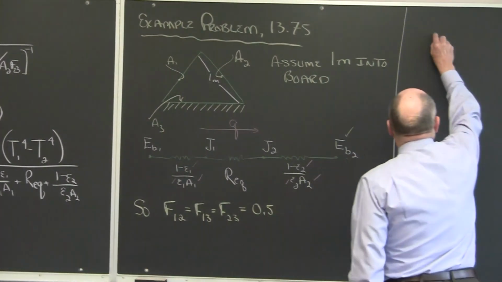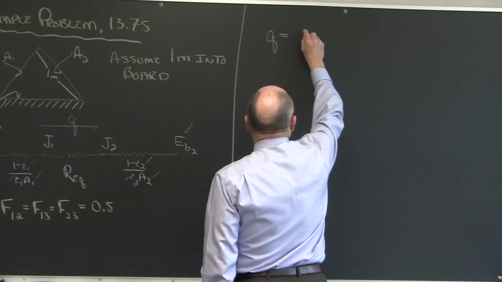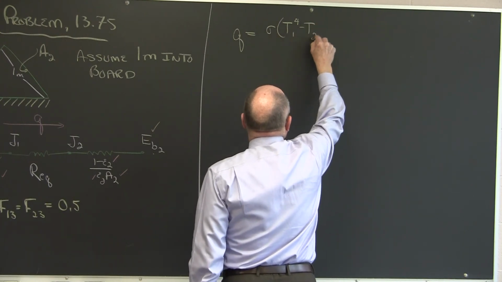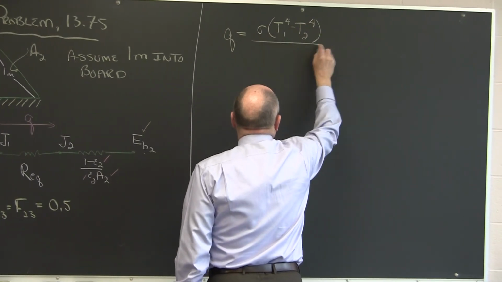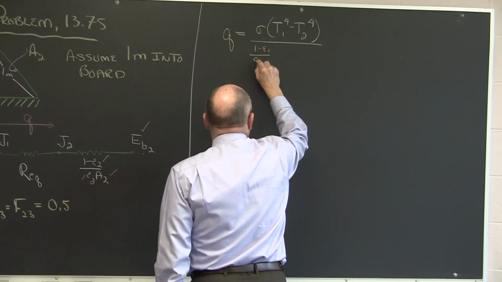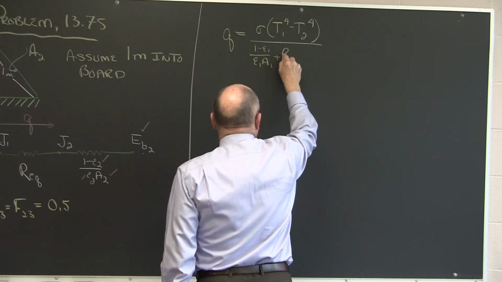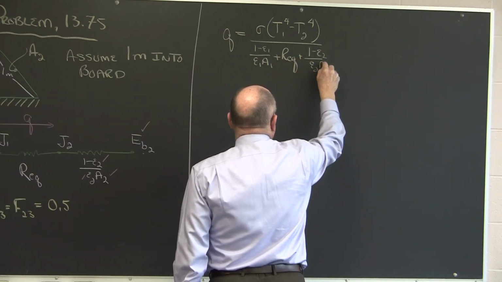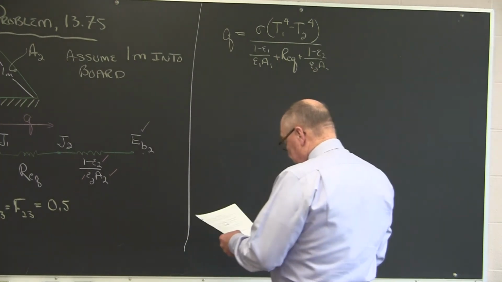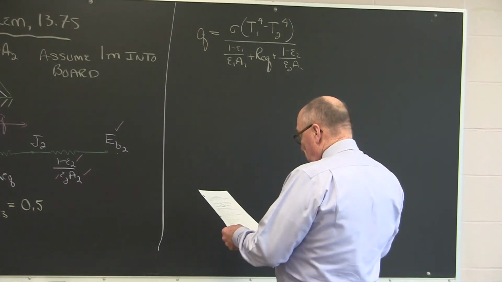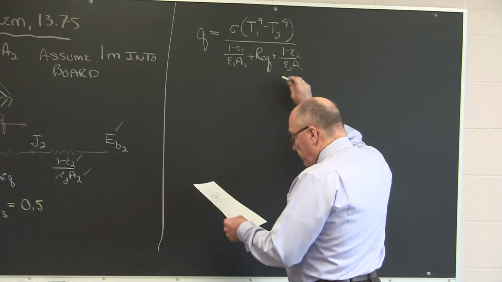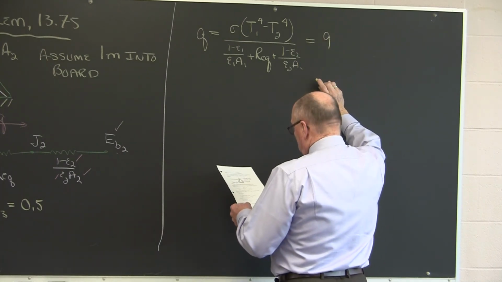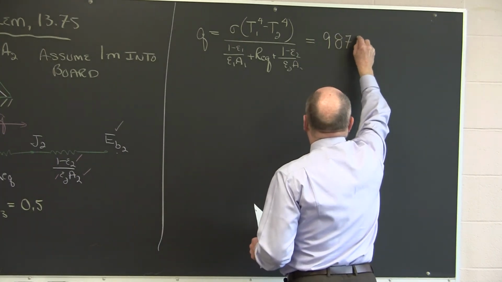So the heat transfer is going to be equal to sigma (T1 to the 4th minus T2 to the 4th) over (1 minus epsilon 1) over (epsilon 1 A1) plus the equivalent resistance plus (1 minus epsilon 2) over (epsilon 2 A2). You can go ahead, and all of these are regular numbers, and it turns out that this turns out to be 9,874 watts.